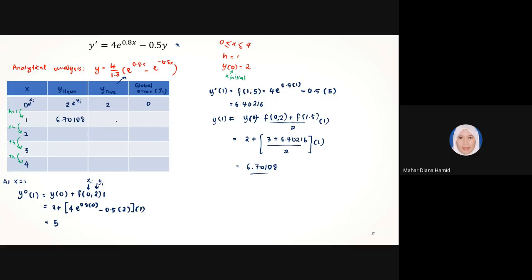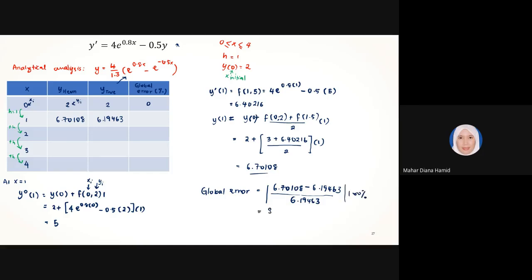And if we try to substitute the value of 1 into the analytical analysis, the true equation, we will get the value as 6.19463, and the global error we can calculate as modulus, divided by 6.19463 times 100%.